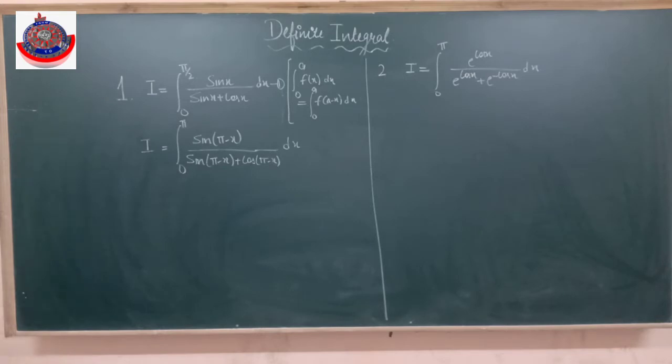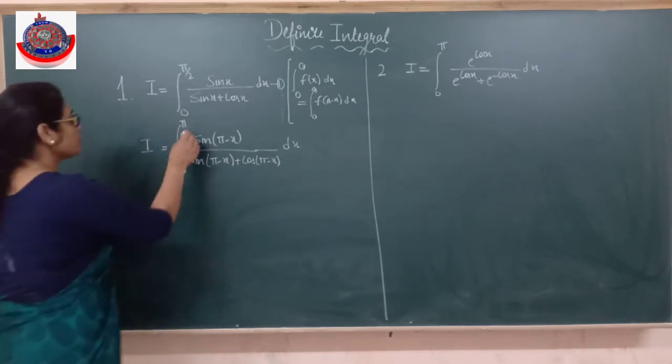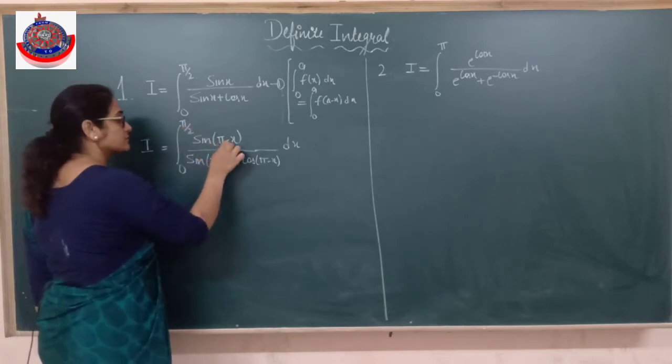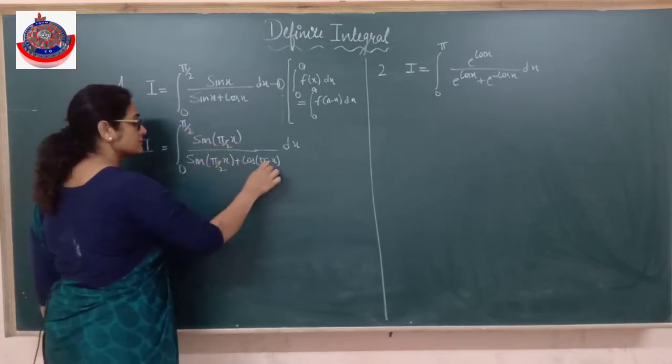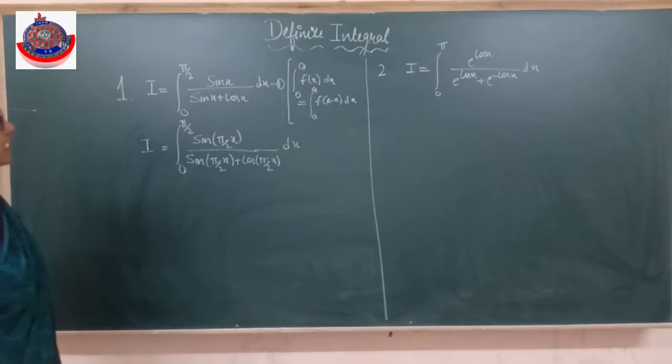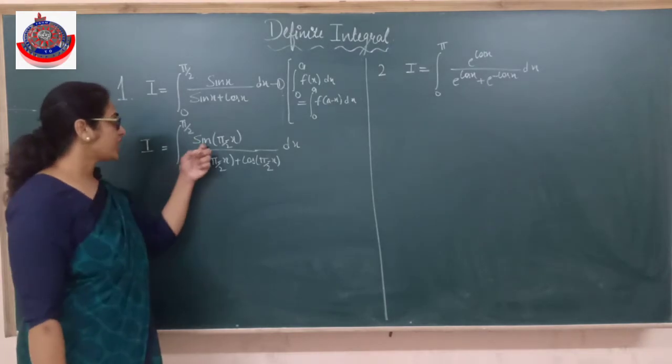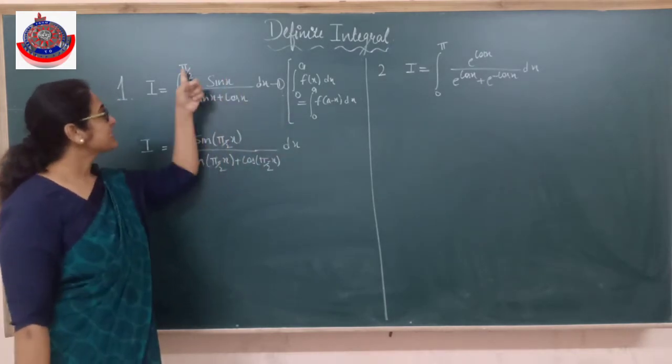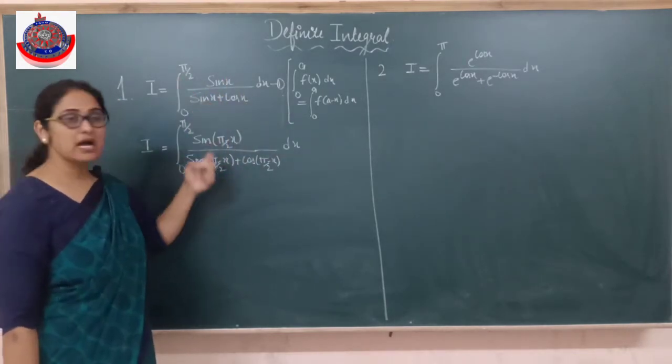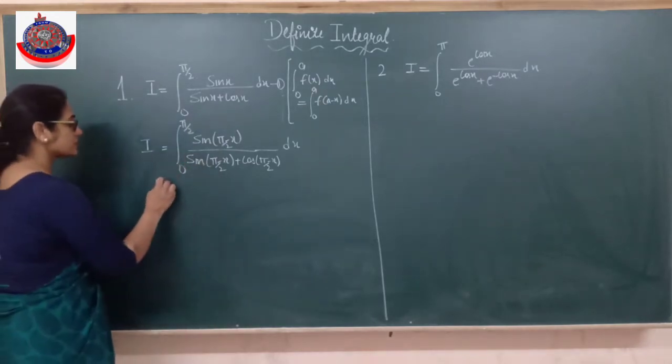The property says integral 0 to a of f of x is equal to integral 0 to a of f of a minus x, here with a equal to pi by 2. So if I change x into a minus x, both are equal. So solve it.